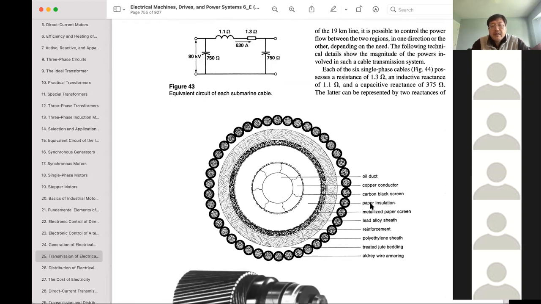So the conductor is right in the middle. No, the conductor is not in the middle. Where's the conductor? Copper, that's right there. So these are the conductors, copper conductors.